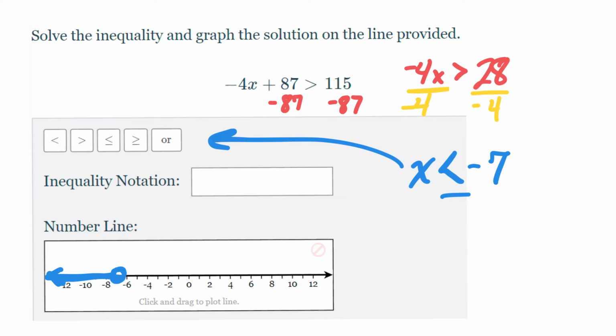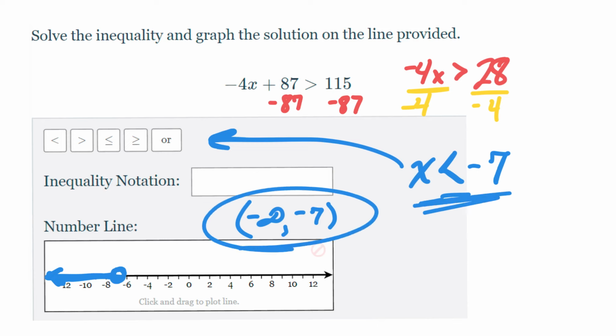The interval notation would be not equal to negative 7 because we do not have an equal sign, but since that's our upper number, it's going on the right, and if it's going infinitely left, it would be negative infinity. So this is our inequality notation, and this is our interval notation.